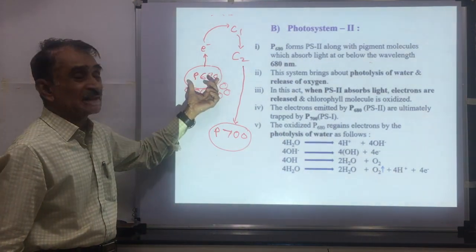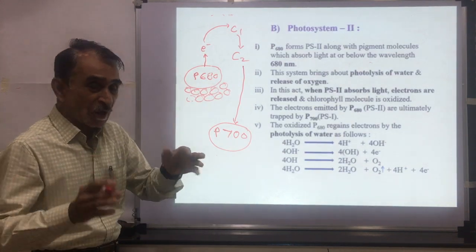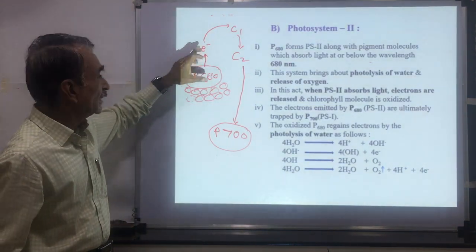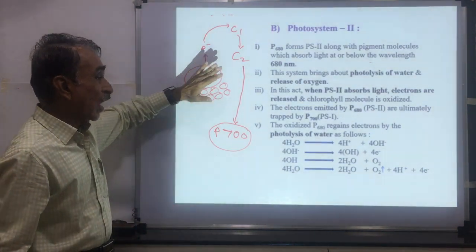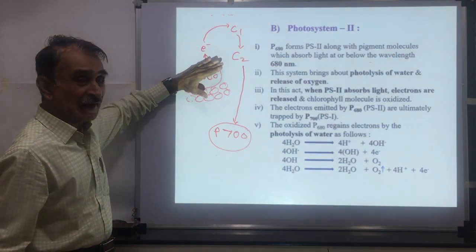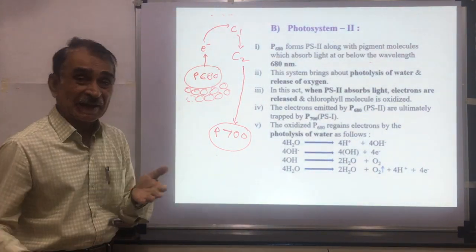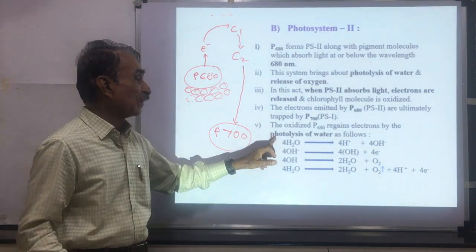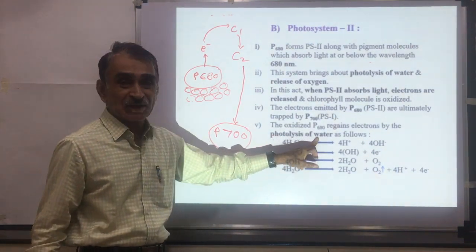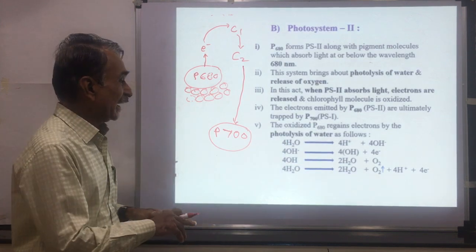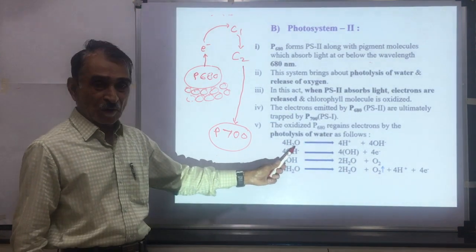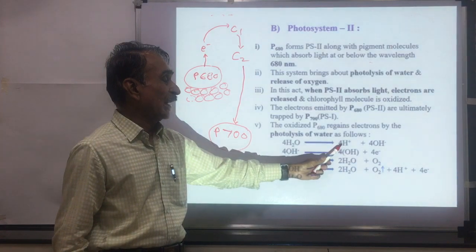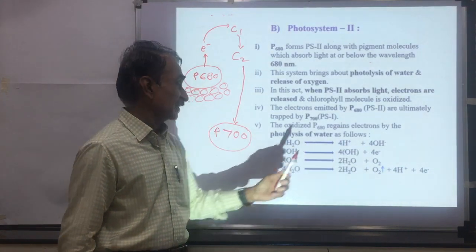When P680 gives out electrons, it gets oxidized. Oxidized P680 again receives electrons by photolysis of water, breakdown of water. Here you can see that 4 molecules of H2O give 4 H+ and 4 OH- ions.